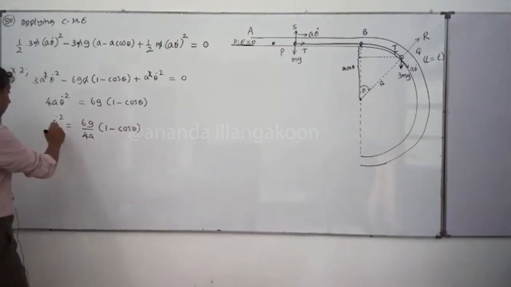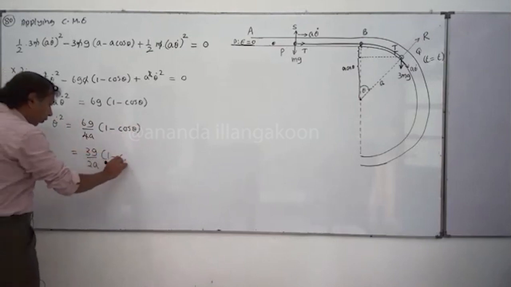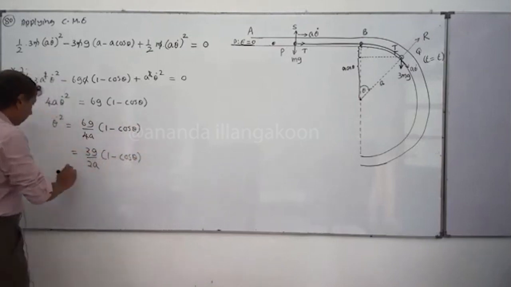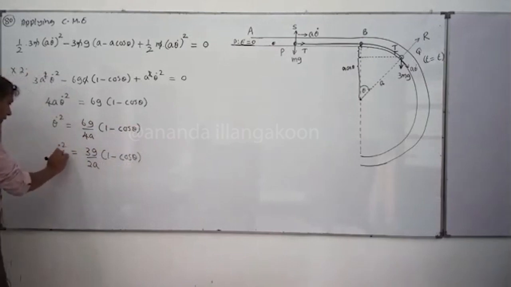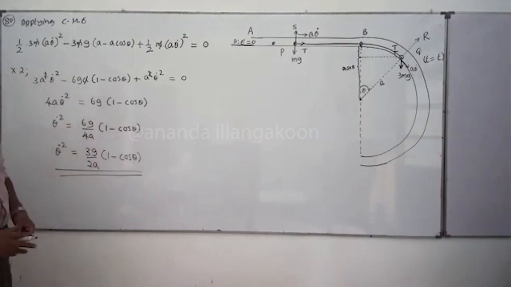Then cancelling by 2, we get 3g by 2a, 1 minus cos theta. This is your theta dot squared: 3g by 2a, 1 minus cos theta. That's the first answer we can very easily take.